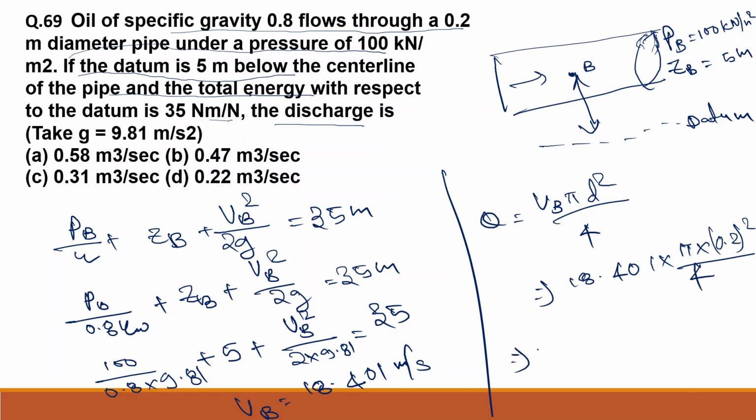By solving this one we get the value of 0.578 meter cube per second. Guys, please be serious on the unit, otherwise you may lose the answers. And matching the approach, it will be option A will be our right answer.